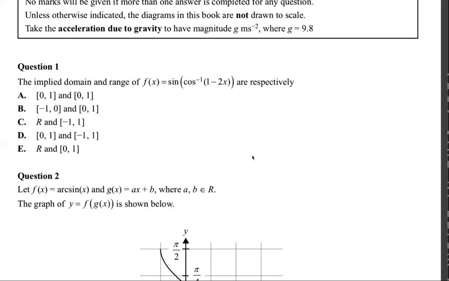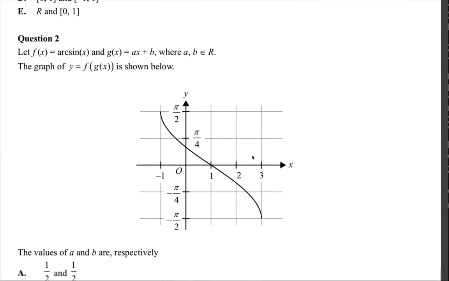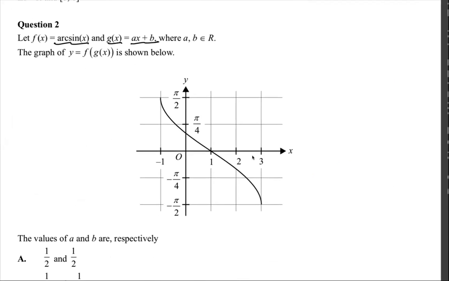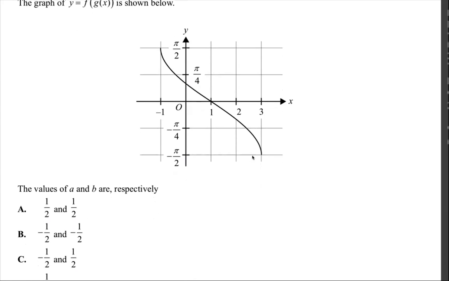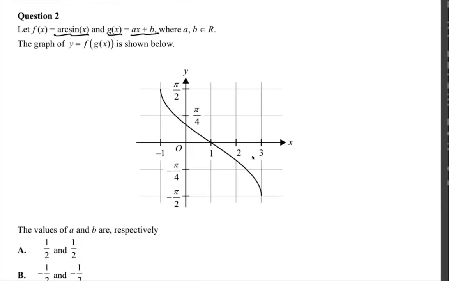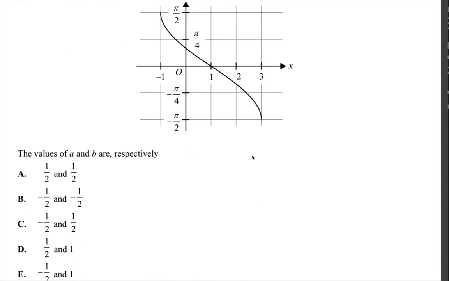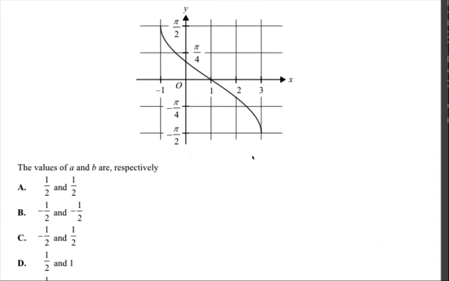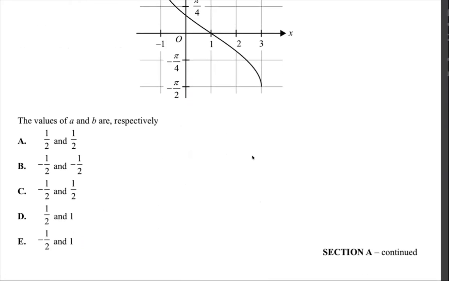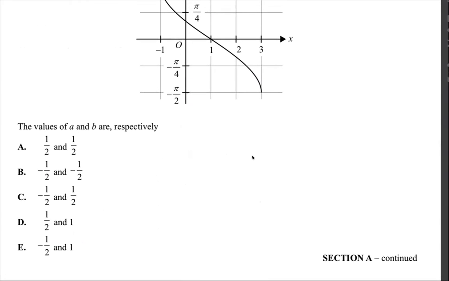Next one is another composite function. So we put a linear function g of x into f of x, which is arc sine x. Notice that this is a decreasing arc sine, so it might have some reflections involved. Let's have a look. So basically, the question provided you 5 options, and I think I should eliminate the positive options, okay?